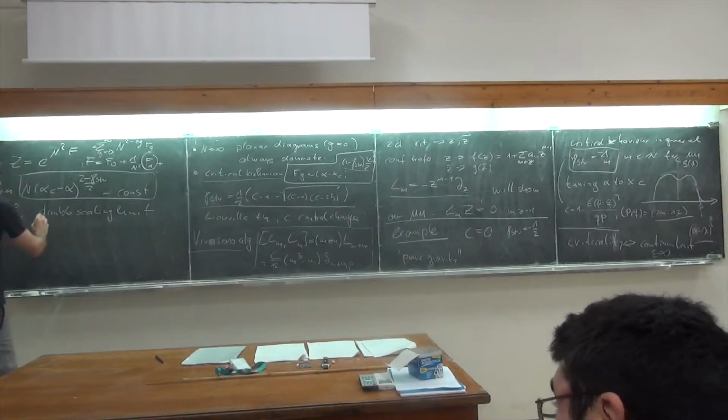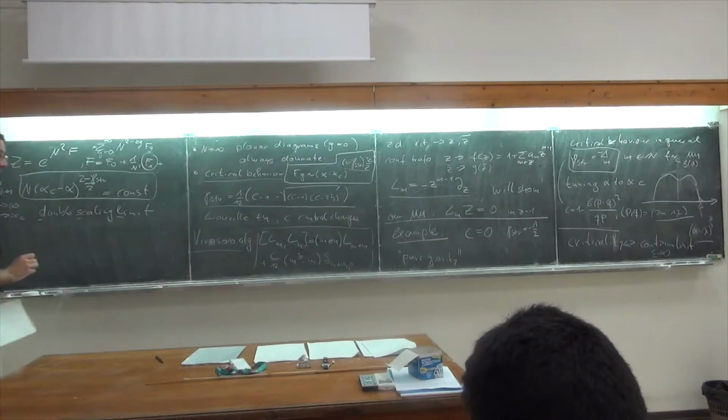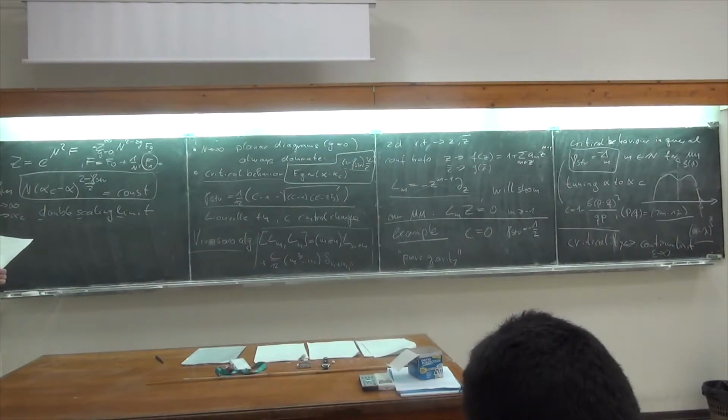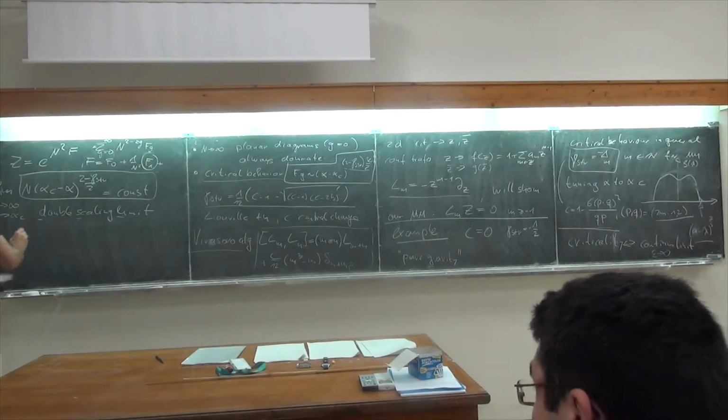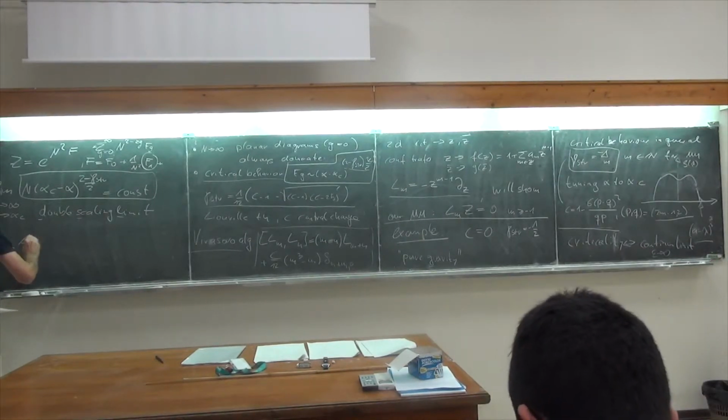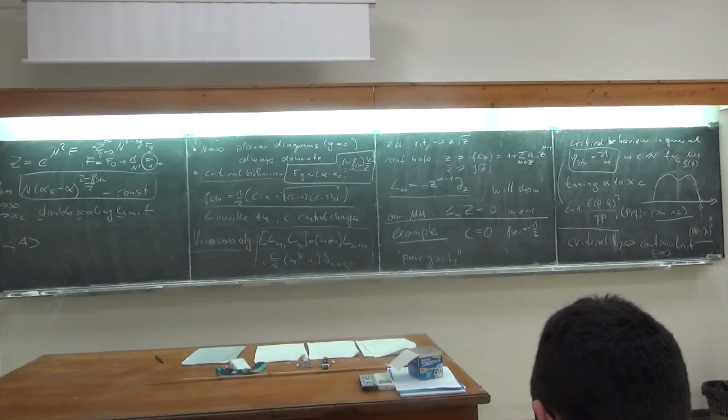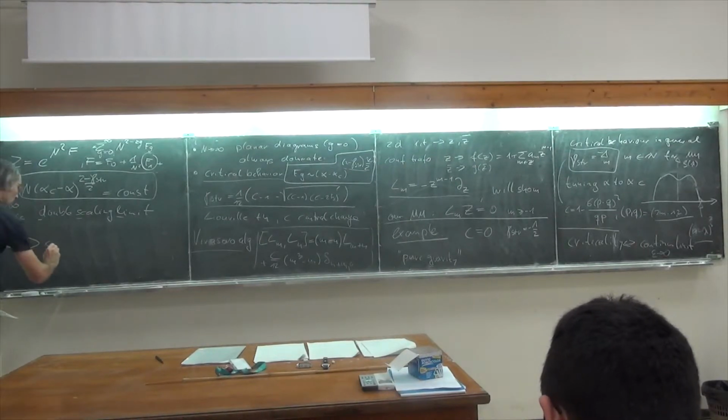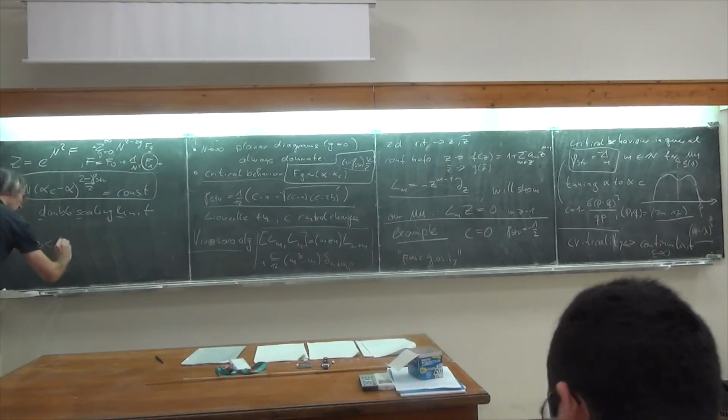Or just DSL. And I said that I wanted to convince you that this has something to do with a continuum limit. So let's look at the following object: the expectation value of the area in the matrix model. That would be like k times epsilon.